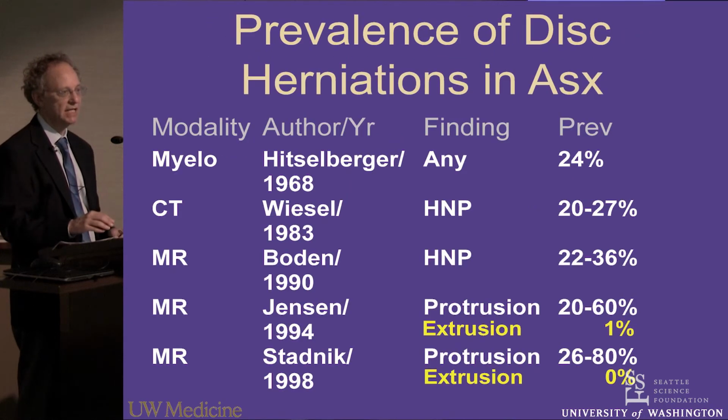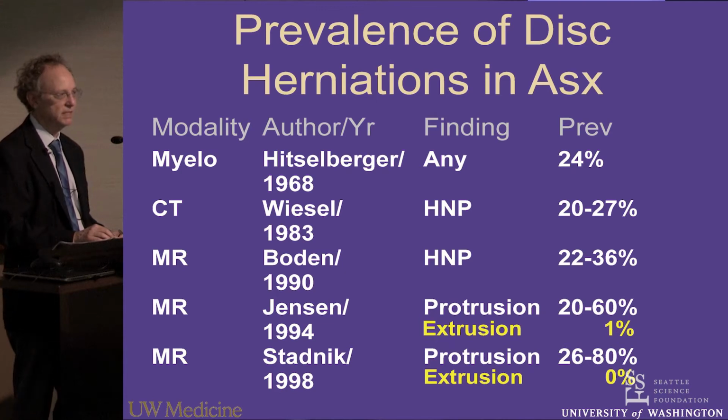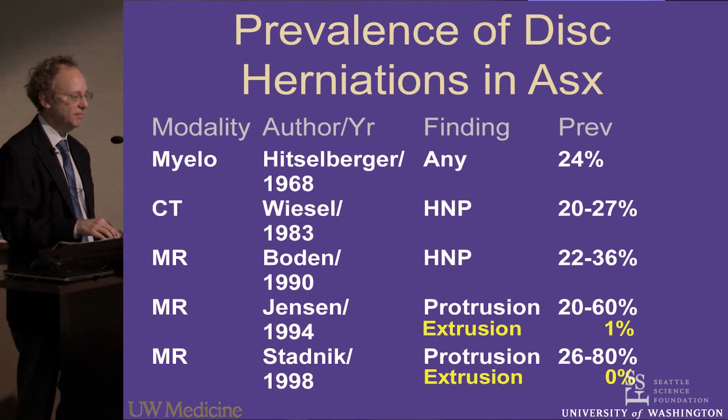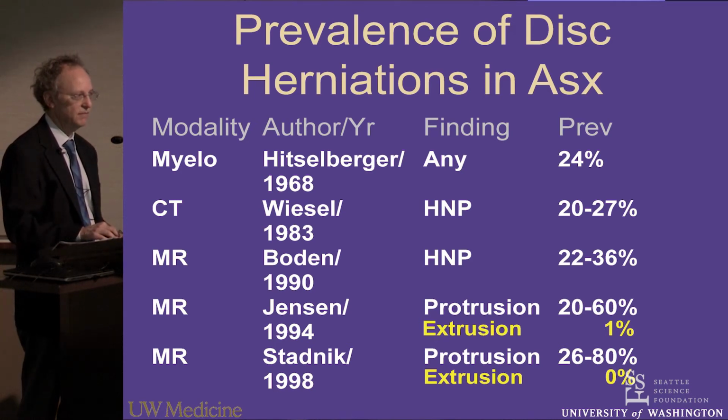There have been a lot of studies out there looking at the prevalence of various findings in people without back pain, going back to the 60s and looking at myelography, and then in the 70s and 80s with CT, and then the 90s and later with MR. You can essentially pick many findings and find a relatively high prevalence of people that don't have back pain.